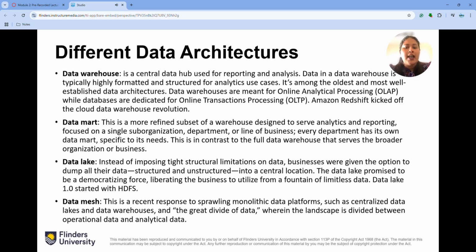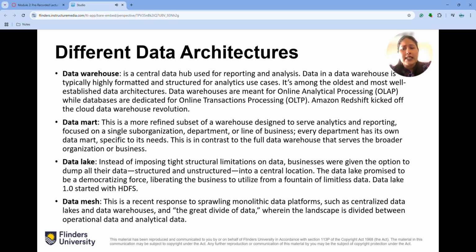Finally, a data mesh is a decentralized approach to data architecture where data ownership is distributed across various business domains, with each domain responsible for managing its own data as a product. Unlike traditional centralized models, a data mesh promotes a more flexible, scalable, and collaborative approach to managing data, particularly for large complex organizations.